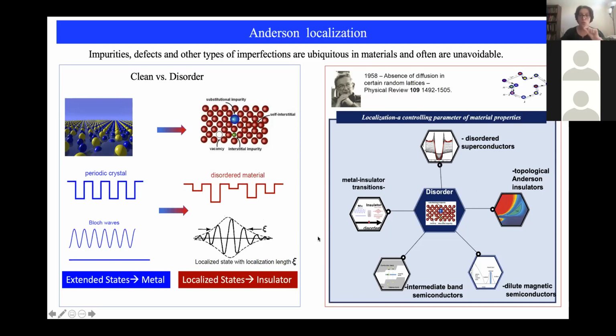We can use disorder and Anderson localization to control the localization of electrons, to manipulate the properties of semiconductors and so-called photonic semiconductors, photovoltaic semiconductors, which are used in solar cells and can be used to construct efficient solar cells. And of course, you can use Anderson localization to drive the metal-insulator transition. So there are multiple applications of disorder-driven Anderson localization in real materials.